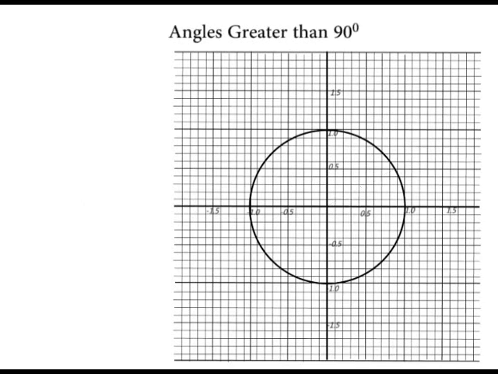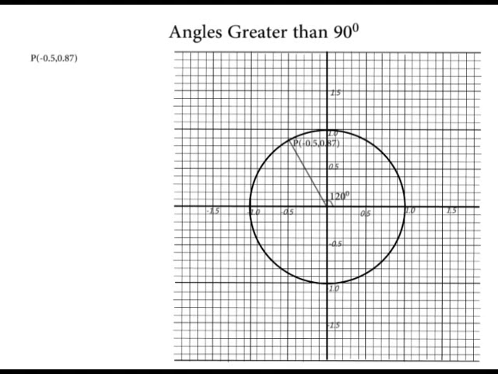Next, angles greater than 90 degrees. Now, in the first quadrant A of the unit circle, the greatest angle is 90 degrees. If I drew an angle of 120 degrees, point P will now lie in the second quadrant S. Read the coordinates of point P. It's negative 0.5, 0.87.